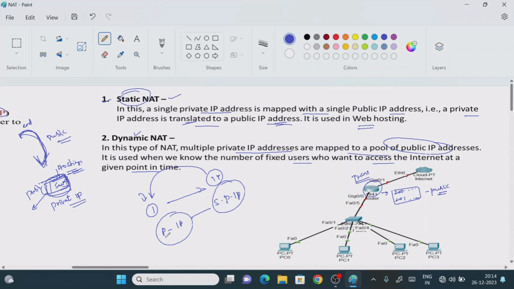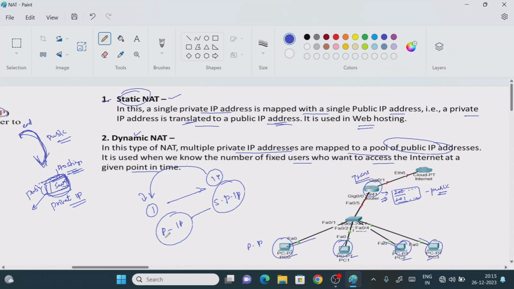Now what will happen? Suppose these systems operate with private IP addresses. Out of my company I have 4 systems, but if all 4 systems access the internet at a time, it is not possible. We can perform the mapping for only 2 public IP addresses at a time.